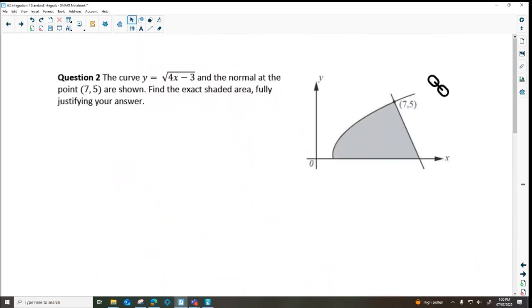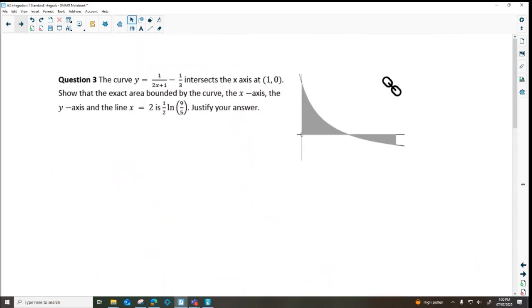Here is question 3. Question 3 says the following: the curve y equals 1 over (2x plus 1), take away a third, intersects the x-axis at the point (1, 0). So that means that's the point (1, 0) there.